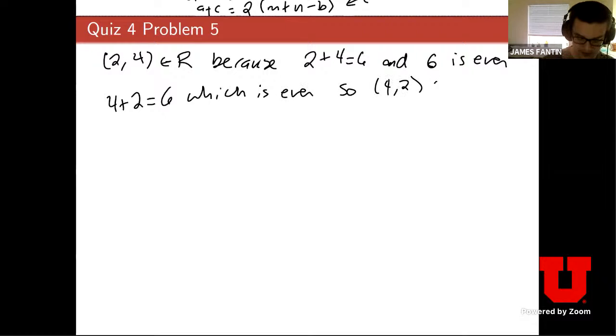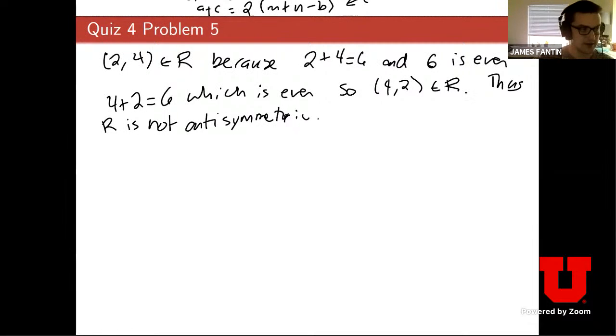So 4, 2 is in the relation. So that's just not antisymmetric. We just had to show for one pair AB that BA was in the relation. Any questions on that?